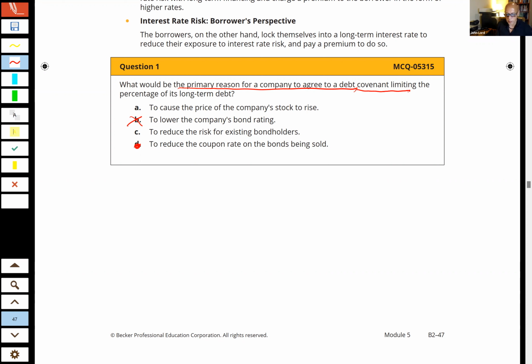Okay, now you look, and the debt covenant says limiting the percentage of its long-term debt. And we say A, to cause the price of the company's stock to rise. Well, if I've limited the amount of debt that I can use to finance the company, my only other choice is going to be what?